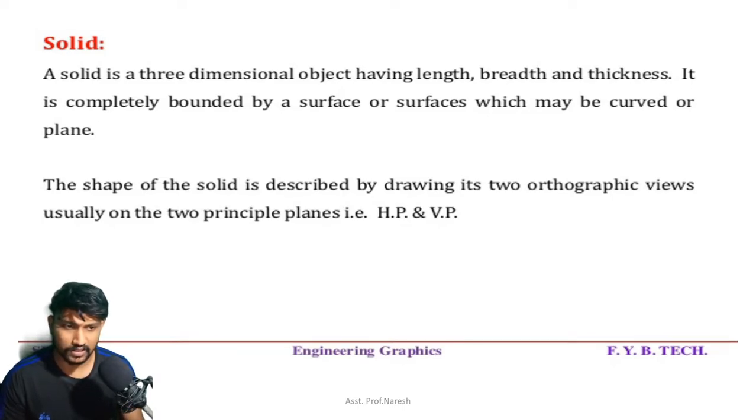These are for solids which are basic primitives, but not for complicated geometry. If there is some irregular object, we might need more than two views. But most of the time the front view and the top view, these orthographic views, play a vital role in describing the geometry of a solid.